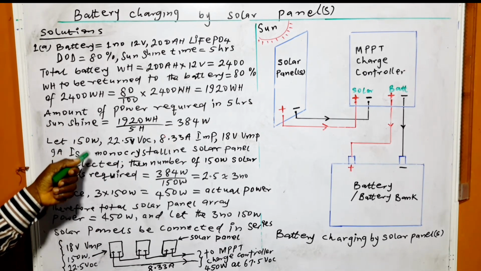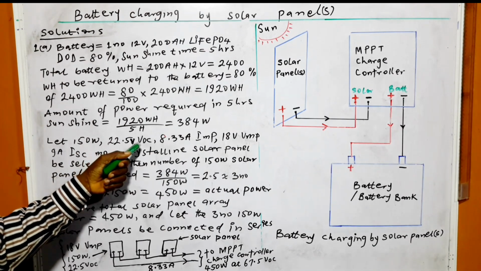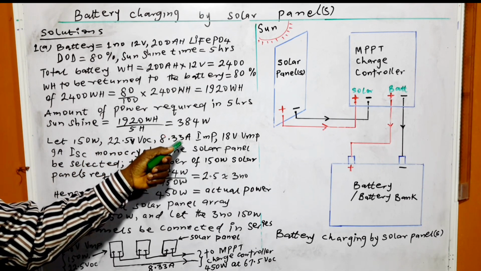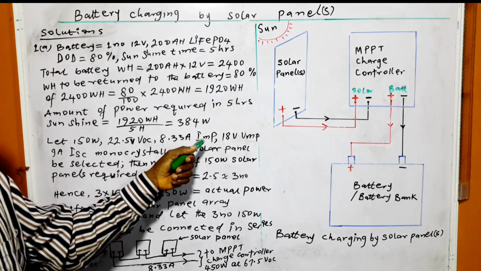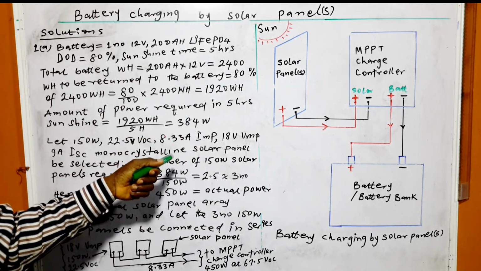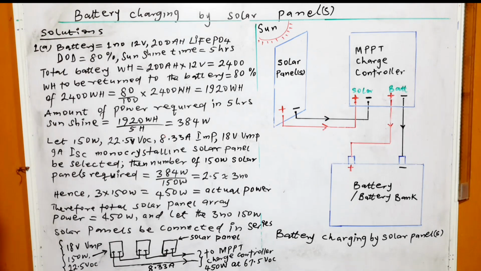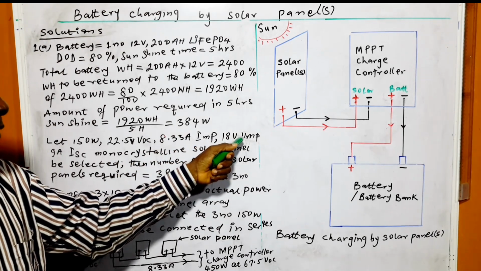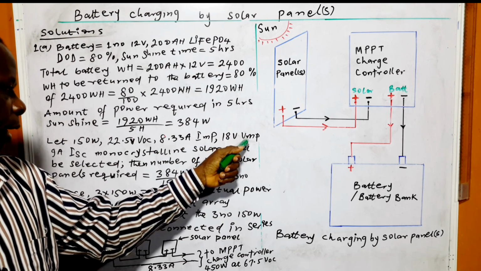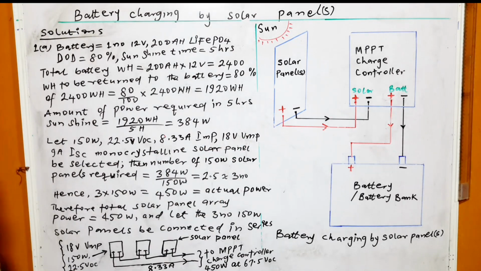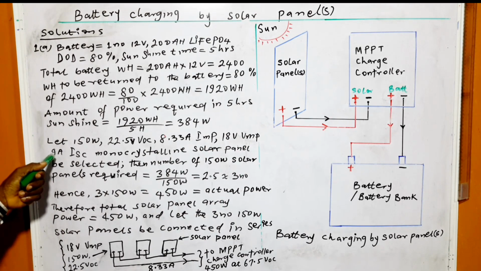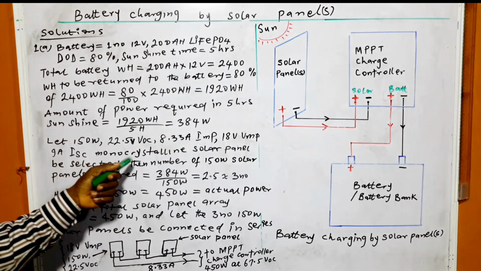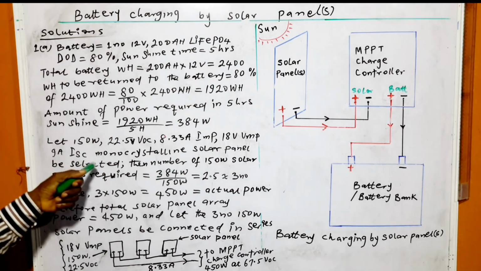Let a 150 watts, 22.5 volts open circuit voltage, 8.33 ampere maximum power current or current at maximum power, 18 volts voltage at maximum power, and 9 ampere short-circuit current monocrystalline solar panel be selected.